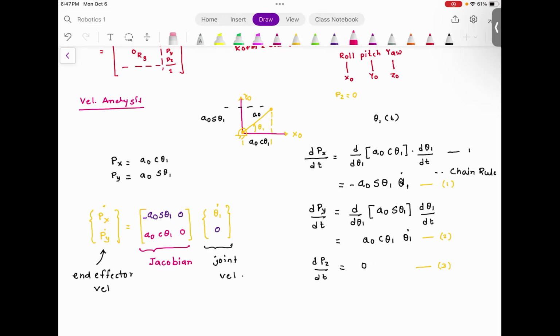So the Jacobian relates joint velocity to end effector velocity.